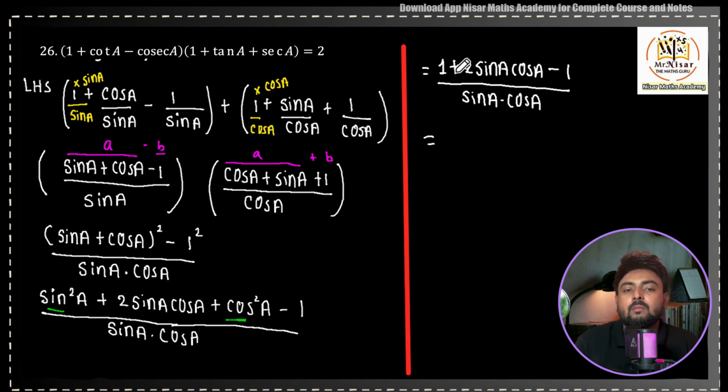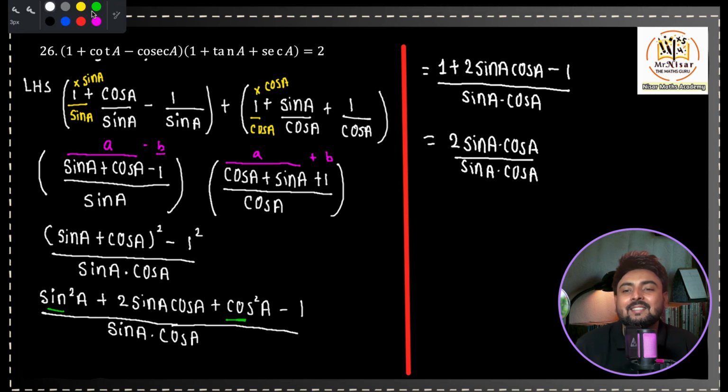Can I say, children, 1 minus 1 will get cancelled, and what is remaining? 2 sin a into cos a upon sin a into cos a. What will happen now? Yes, this sin a cos a will get cancelled, and this is nothing but 2, which is our RHS.